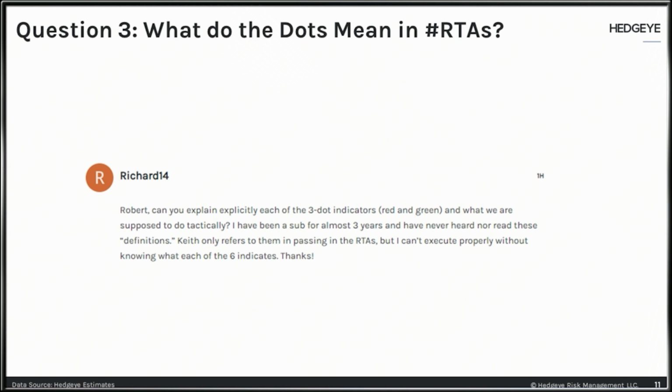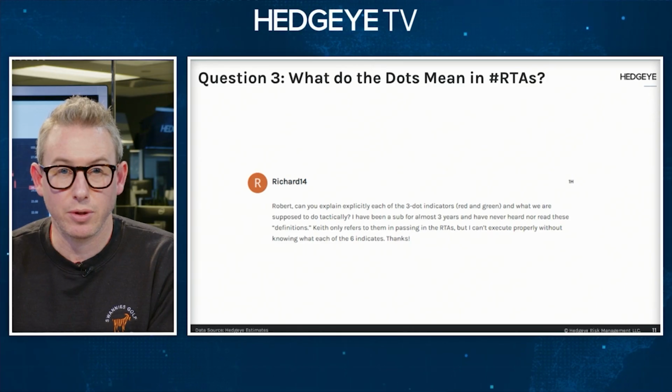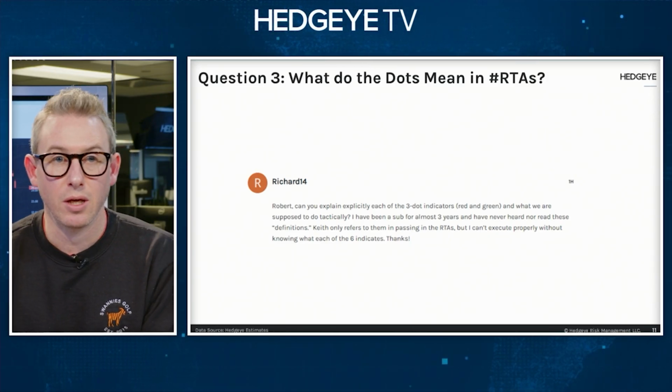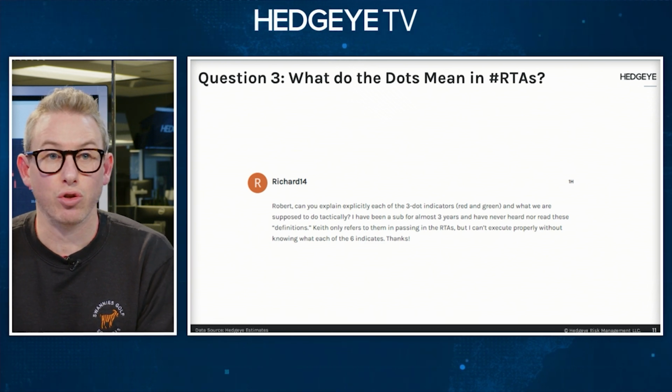So yeah, again, this is something where I think I'll use trip as an example because it's got three dots within RTAs. Three bullets really help guide the execution. And Keith only gives himself really three dots in order to convey and get the execution right.